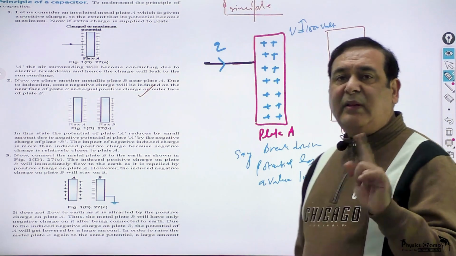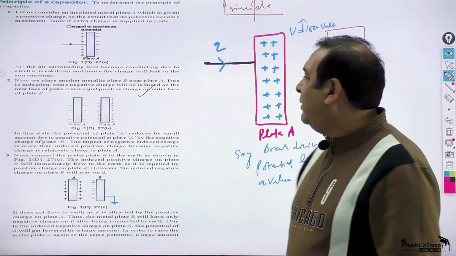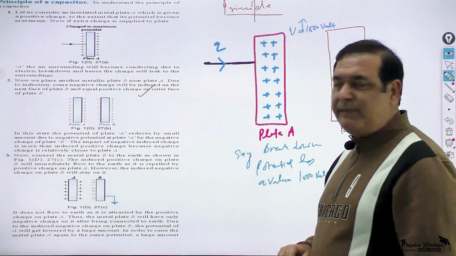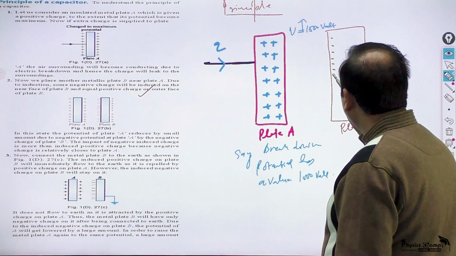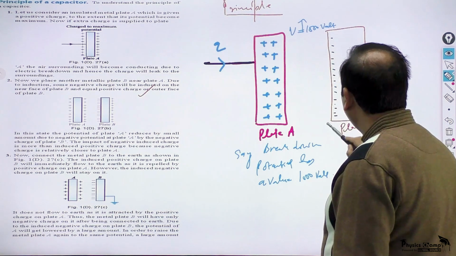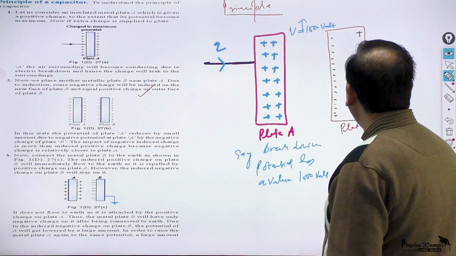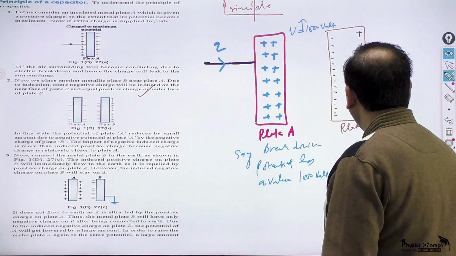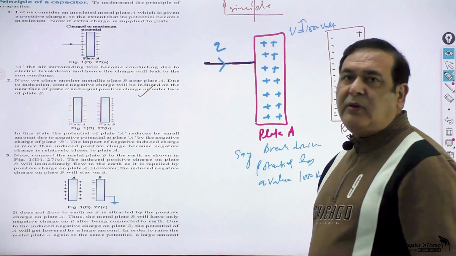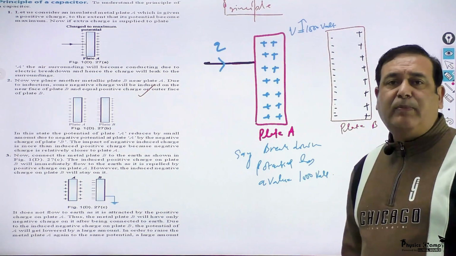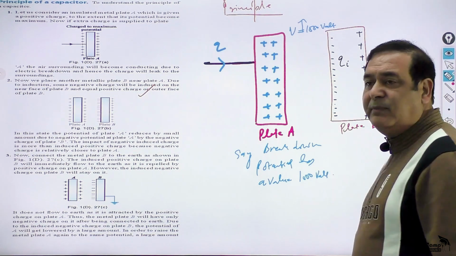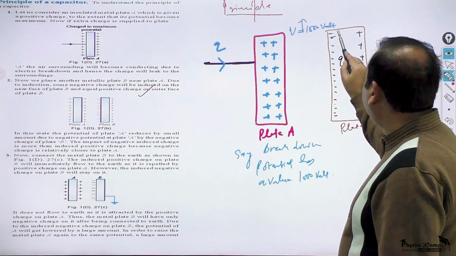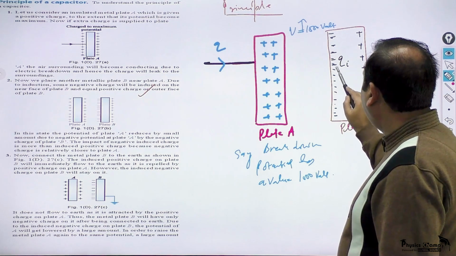When I bring another plate near to it, then by induction, here there will be some negative charge, and on this side there will be some positive charge. So on this plate B, you will have some induced charge, on the closer side negative charge, and on the farther side positive charge.